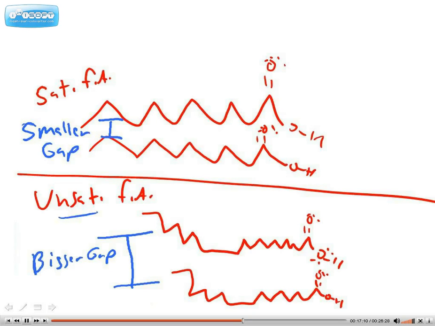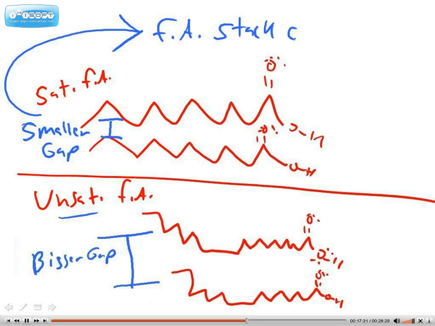So notice there's a smaller gap for saturated fatty acids versus the unsaturated. Now, this is important because when you're stacking saturated fatty acids, if there's less of a gap, then the fatty acids can stack closer. They therefore have much stronger intermolecular forces. Because they can get closer to each other, the intermolecular forces have a greater play.